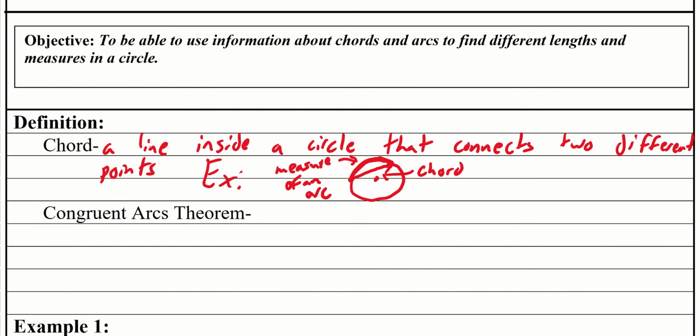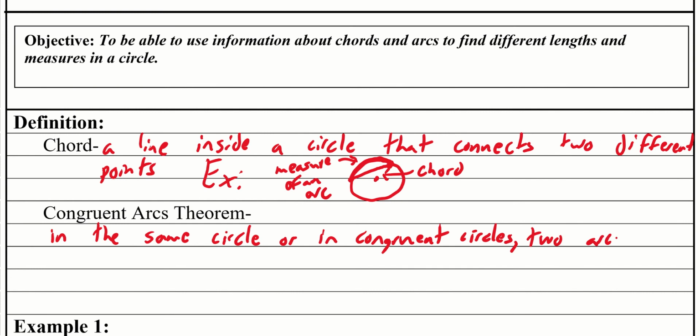Okay, next piece here is what we have, a theorem that kind of goes with this, the congruent arcs theorem. And we can say this, we can say in the same circle, or in congruent circles, two arc measures are congruent if and only if, and we're going to see this phrase actually a few different times today.